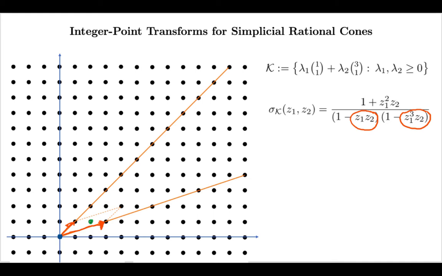Remember, this is half open, so in this case, I have 2 points in here. It's the point (0,0) and the point (2,1). And so (0,0) gets encoded into the monomial constant 1, and (2,1) is encoded in this monomial over here.